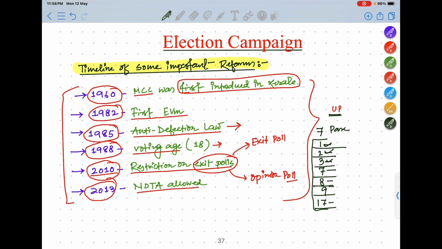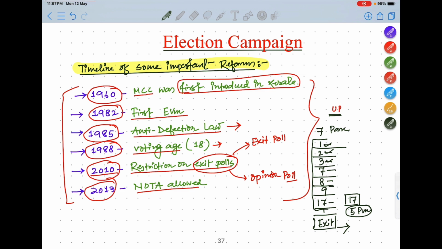So on the last date, after completion of the election, approximately 5 p.m., though according to the situation it may change, anyone can publish an exit poll, showing the opinion of the general public. It is basically a post-election survey conducted immediately after people have voted.